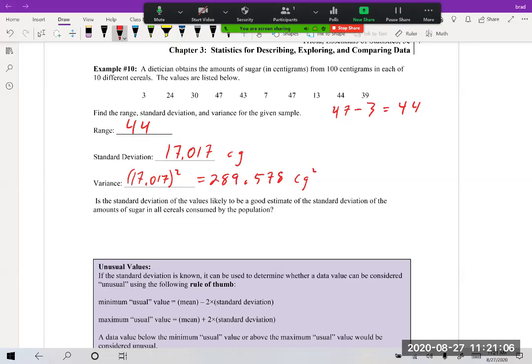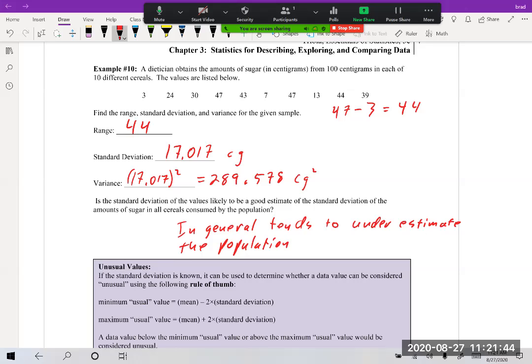So is the standard deviation of the values likely to be a good estimate of the standard deviation of the amount of sugar in all cereals consumed by the population? So in general, this won't be on the exam, but in general, is the standard deviation of values likely to estimate the standard deviation of the amount of sugar in cereals consumed by the population? It tends to underestimate the population value.